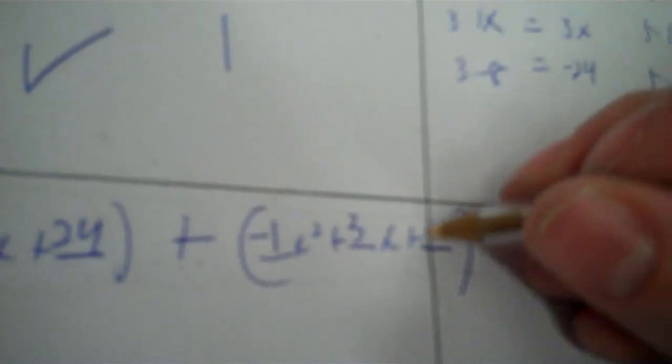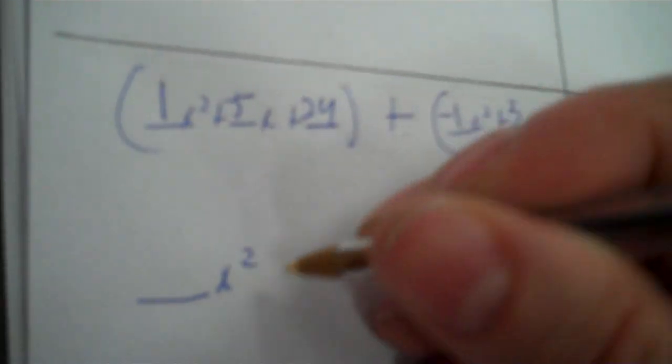So negative 1x times 1x, negative 1x times 2, then 5 times 1x and 5 times 2. So it's negative 1x to the second, negative 2x, 5x, and 10. Okay, so x second, x, constant. So you have negative 1, negative 2 and 5 makes 3, and then 10.